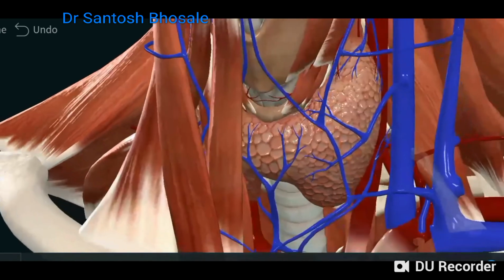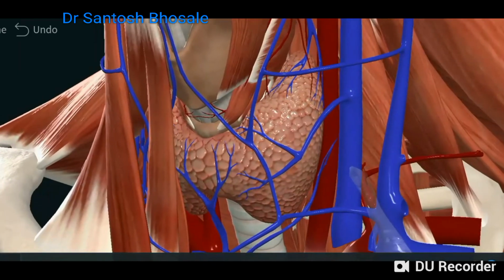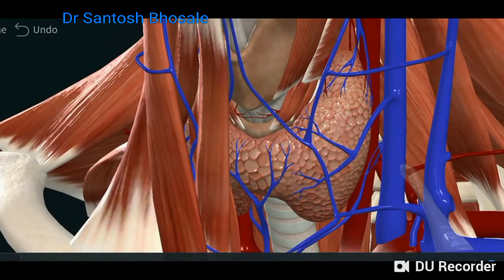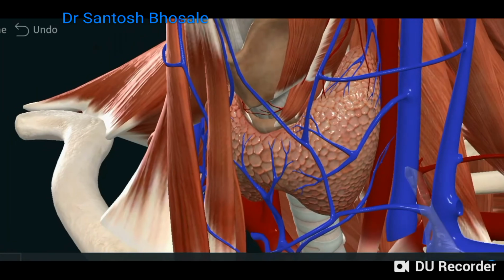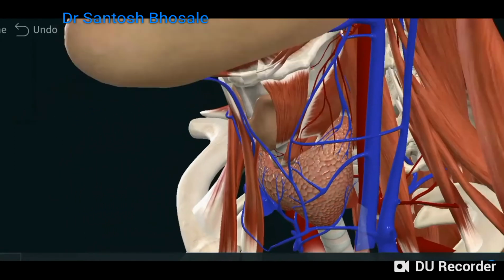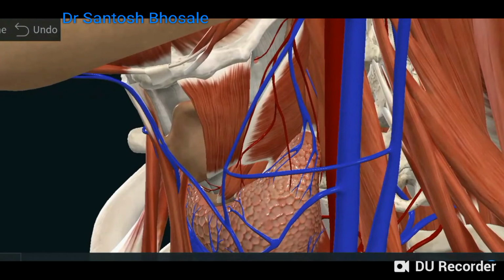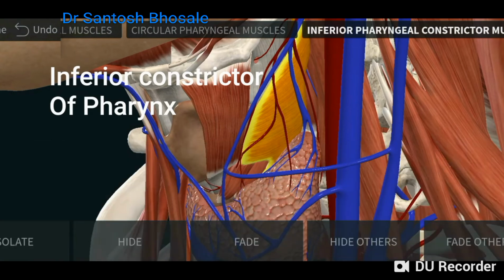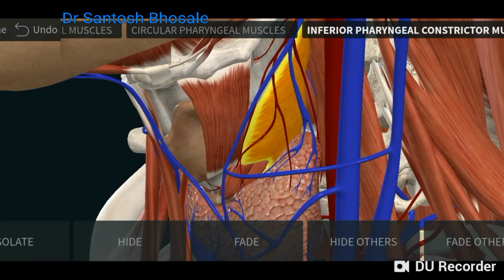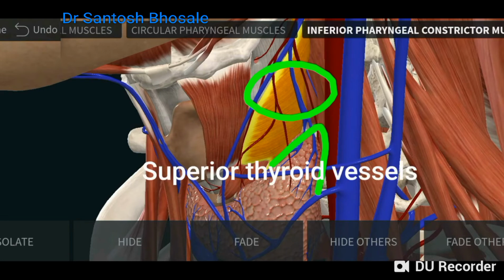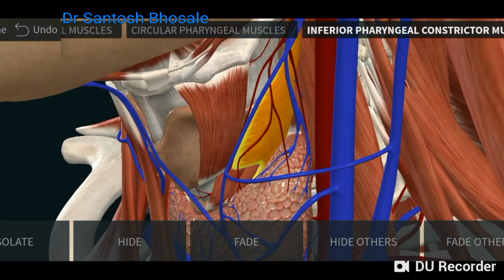What are the presenting parts of a lateral lobe? Apex, base, anterior border, posterior border, lateral surface, medial surface and posterior surface. So these are the relations of the lateral one. Immediate relations you can remember as 4S. The apex, as I already told you, is always wedged between the converging sternohyoid and the inferior constrictor muscle, which you can see there, and it is related to the superior thyroid vessels. The apex is directed upward and laterally, limited by the oblique line of the thyroid cartilage, which gives attachment to the sternothyroid muscle.